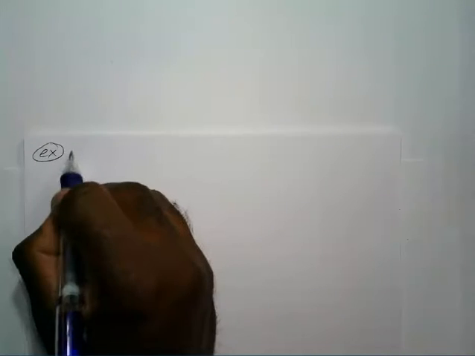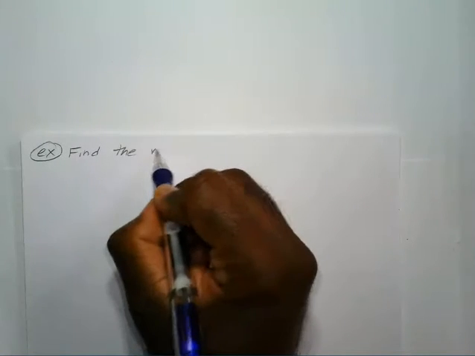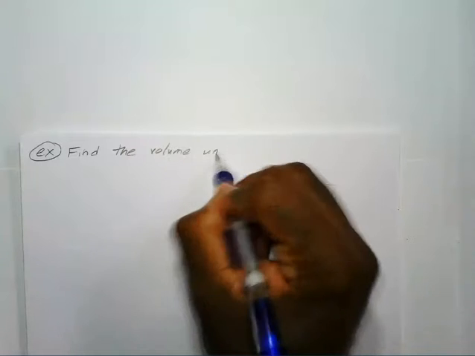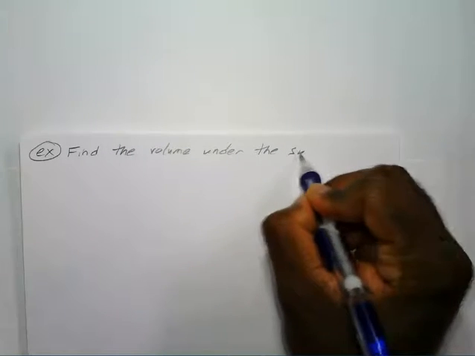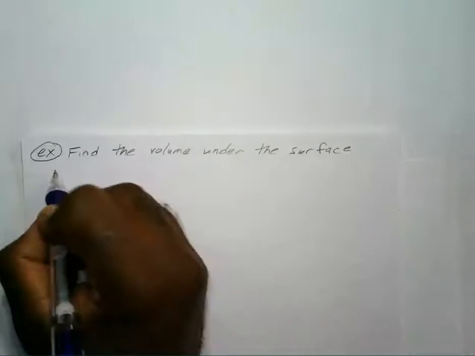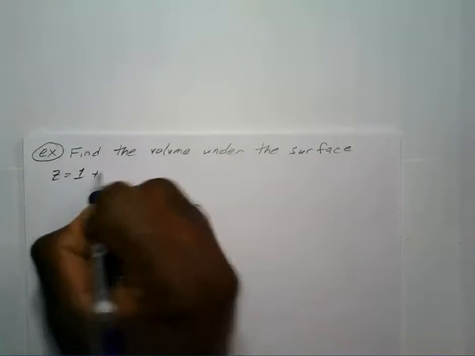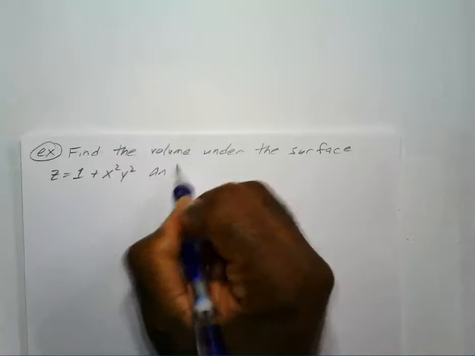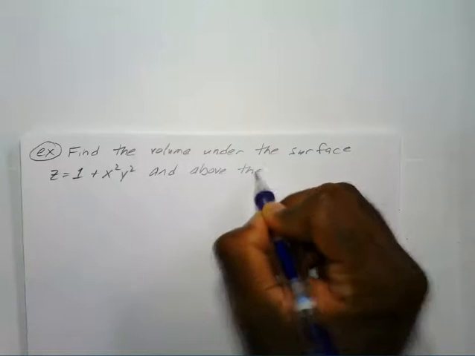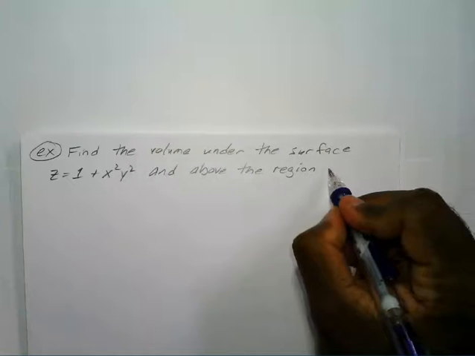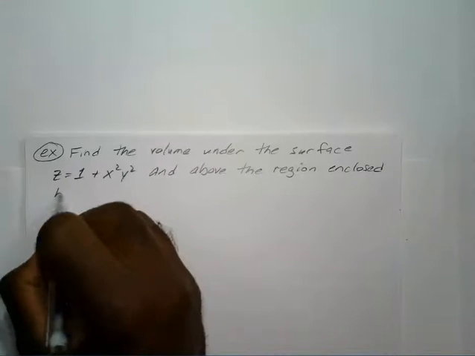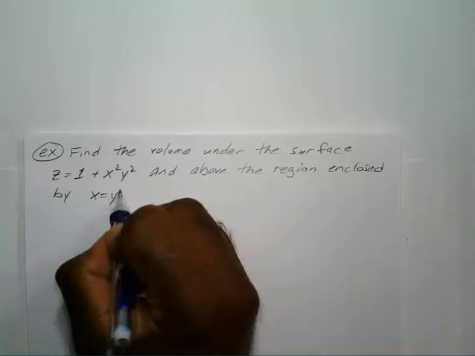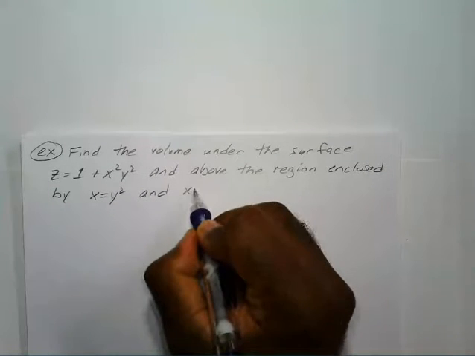All right, so let's say, for example, we wanted to find the volume under the surface z equals 1 plus x squared times y squared, and above the region enclosed by x equals y squared and x equals 4.